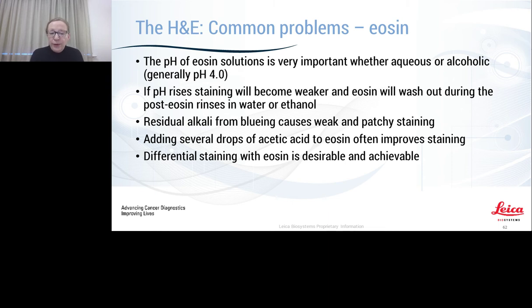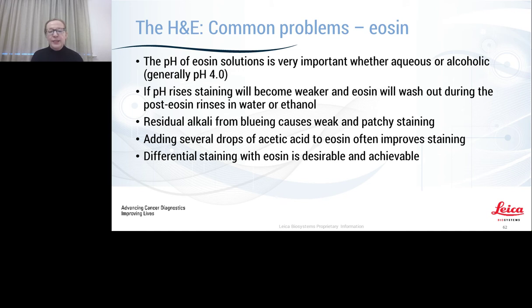Residual alkali from bluing or from your tap water can cause weak and patchy staining. Be aware. You can add several drops of acetic acid to eosin, and that does improve the staining, and this might give a little more life to your eosin if it's dropping off too quickly because of carryover.